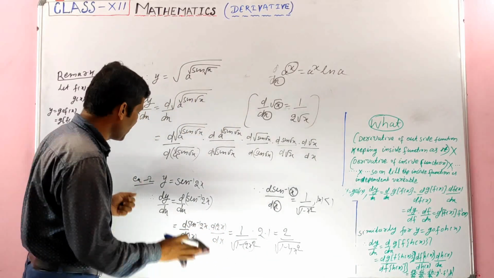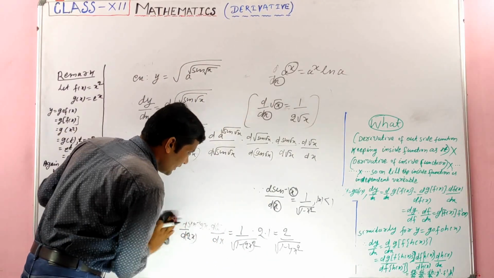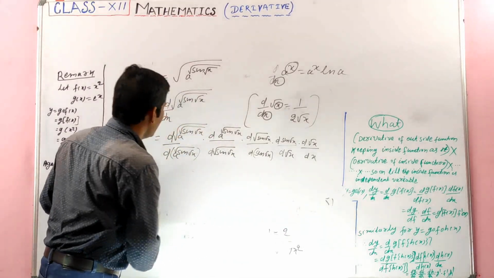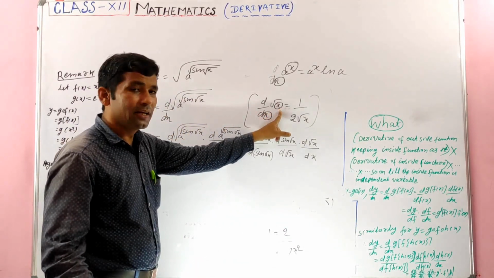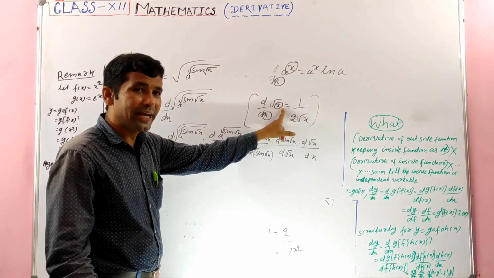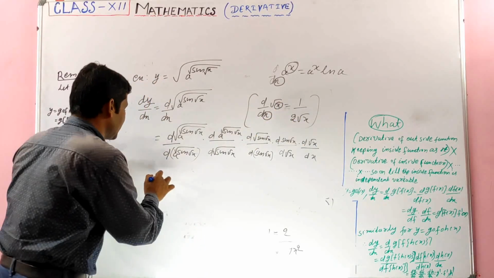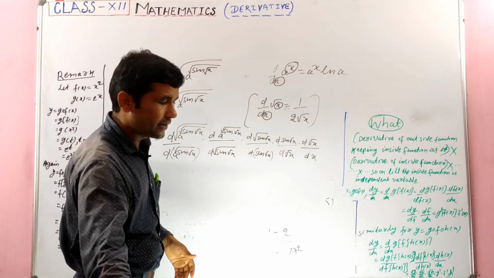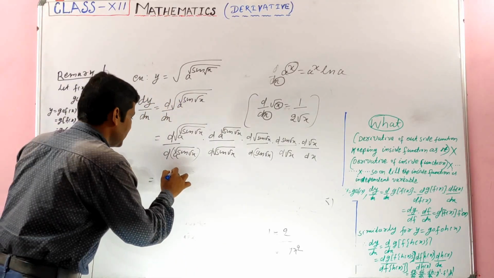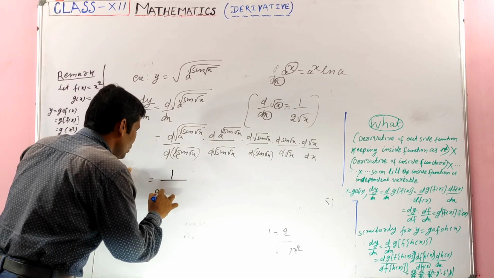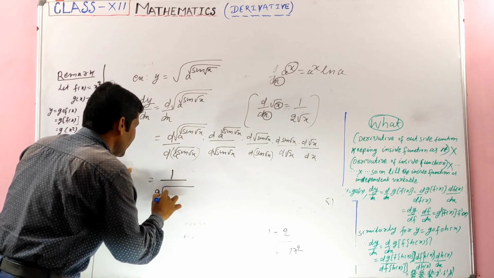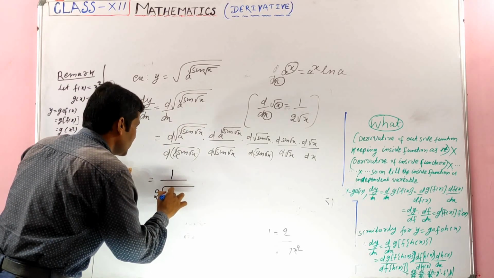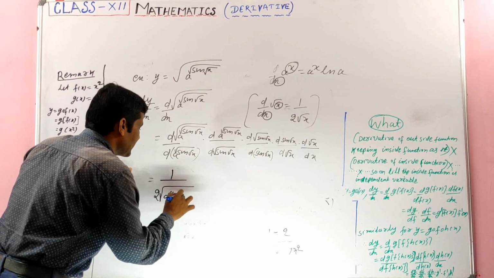Now what is the formula? Apply the root formula here. I have already written d by dx of root x equal to 1 by 2 root x. That means 1 by 2 root of whatever the function is. So this is 1 by 2 root of whatever is given, a to the power sine root x.